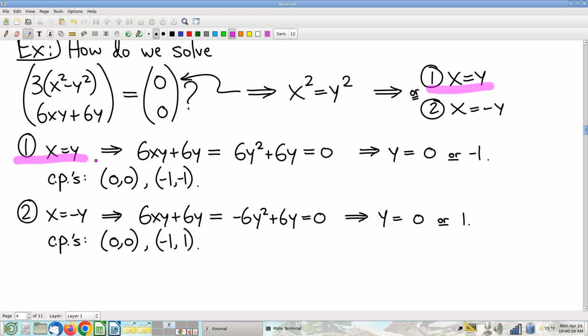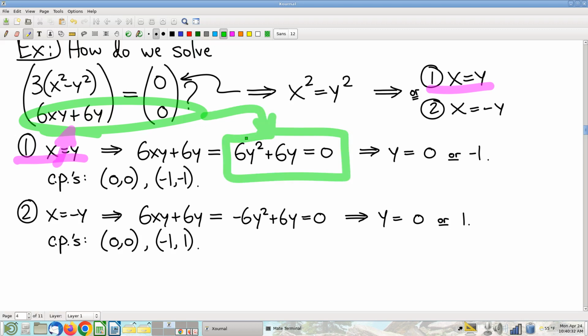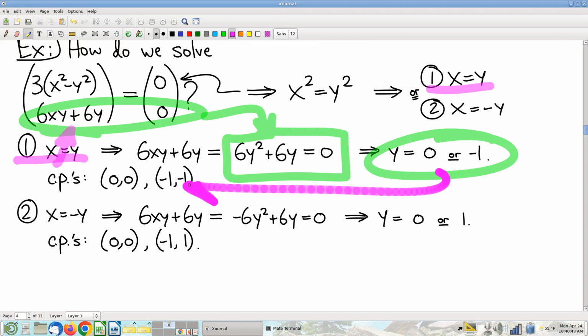Well, if x is equal to y, what happens to this equation right here? Well, you plug in x equal to y, and that becomes this. And that's easily solved. And if you know that x is equal to y, that gives you these values of x and therefore these critical points.